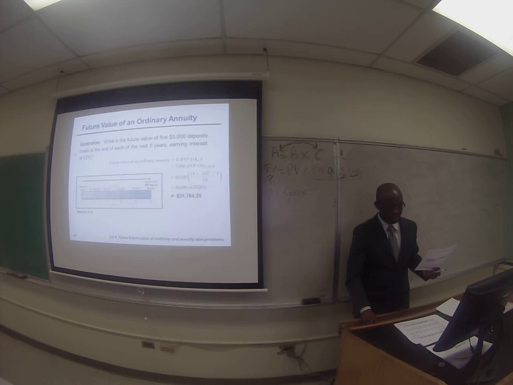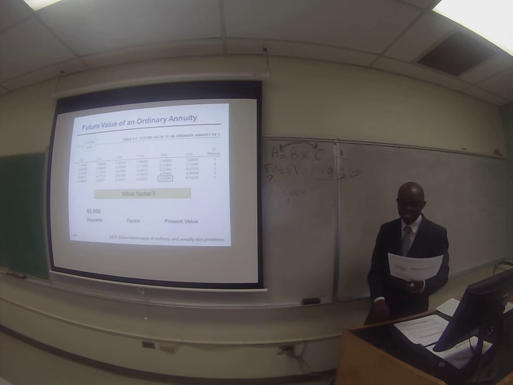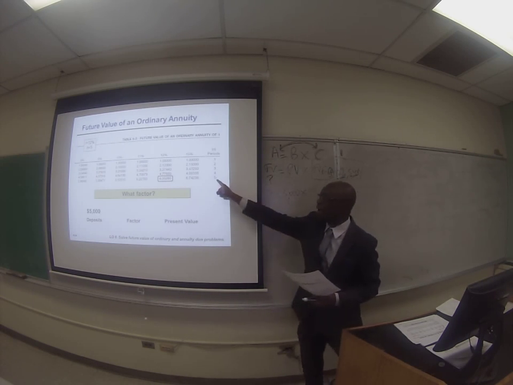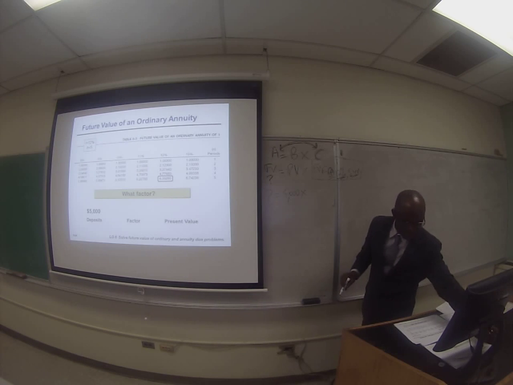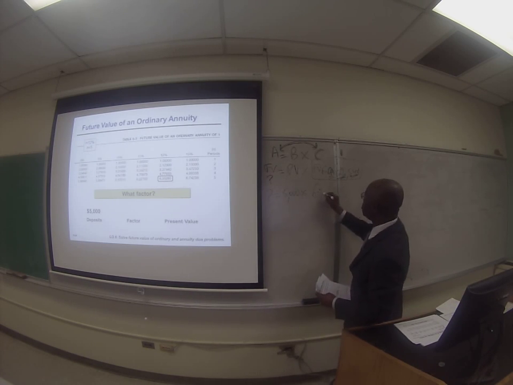Here's the table. So 12%, we are going to also take a look at the period 5, and we trace it to the factor, and the factor is 6.35285.